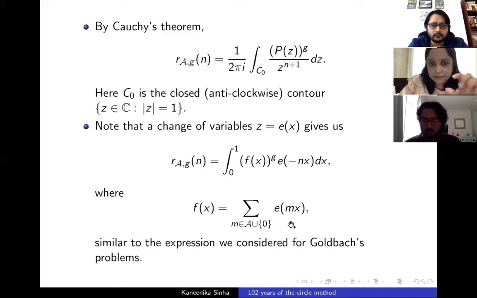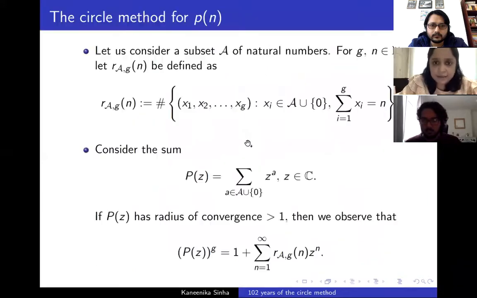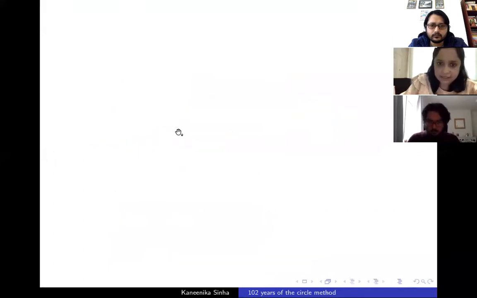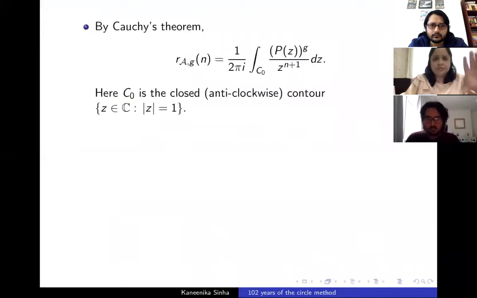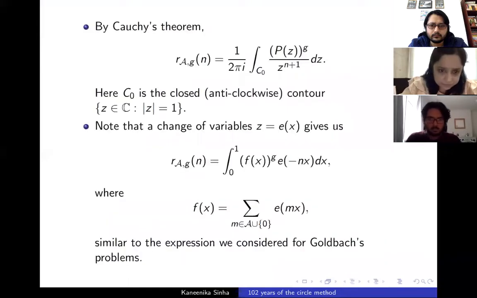Whereas what we did was, it was a very clever observation by Vinogradov, that when you are writing out this expression P of z equal to the sum of z to the a, you don't really have to consider all possible a's. You can take a bounded above by something that depends on n, since you are starting with a specific n. Okay, so all these convergence issues then vanish.